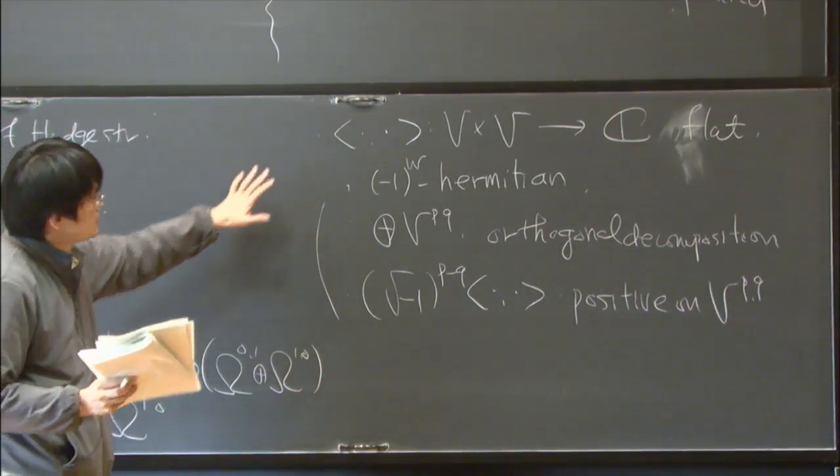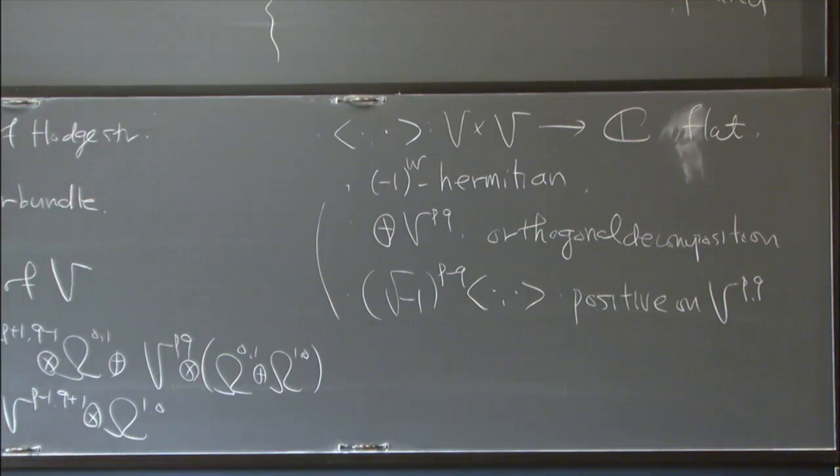This is the polarization, so this is a polarized complex variation of Hodge structure.